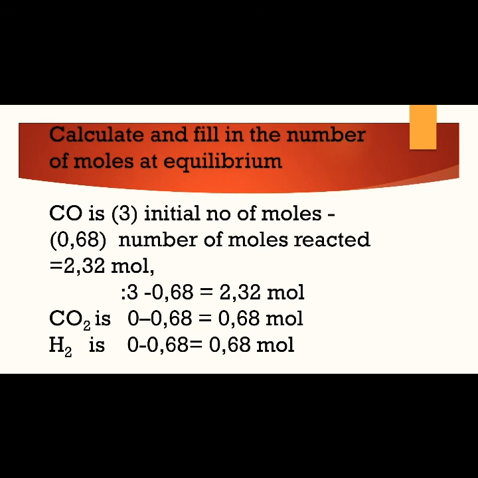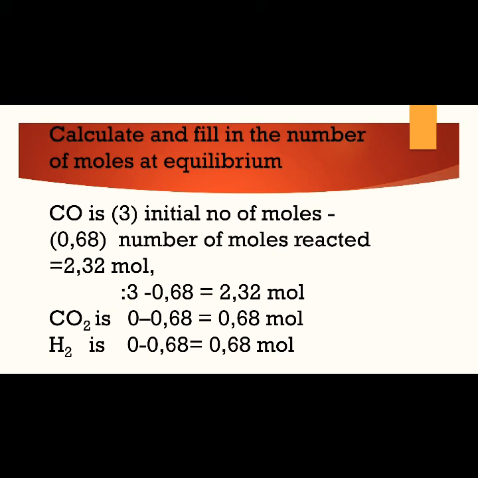Calculate and fill in the number of moles at equilibrium. For carbon monoxide, it is 3 initial number of moles minus number of moles reacted, so 3 minus 0.68, which gives 2.32 moles.